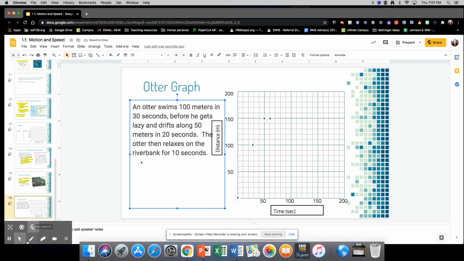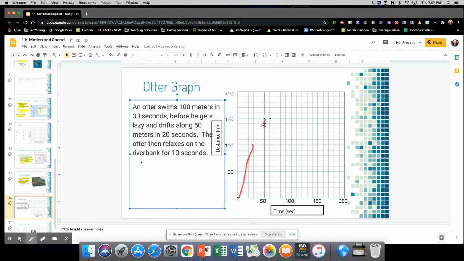Then what I'm going to do is connect my lines here. See how straight they get. That's not a very straight line. I'm going to erase that. We'll go with it.